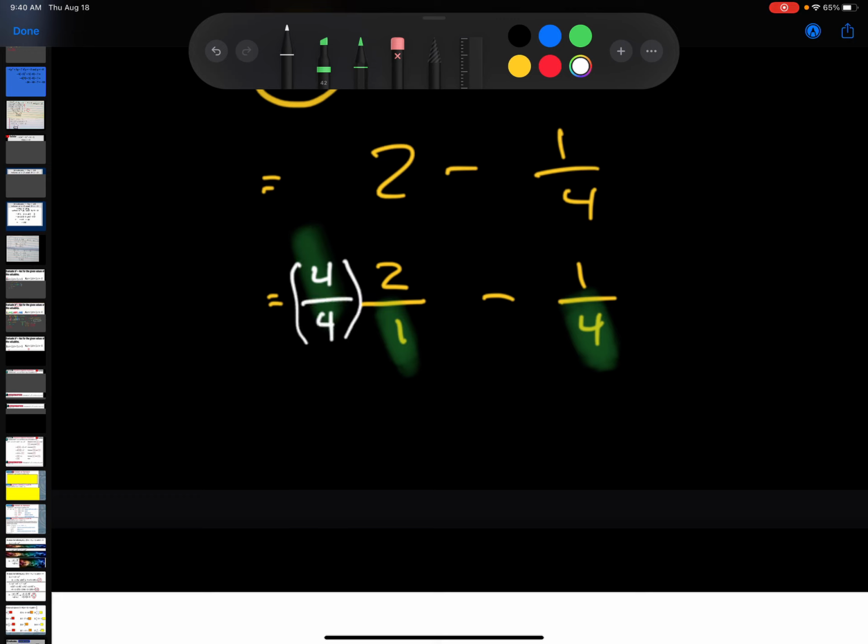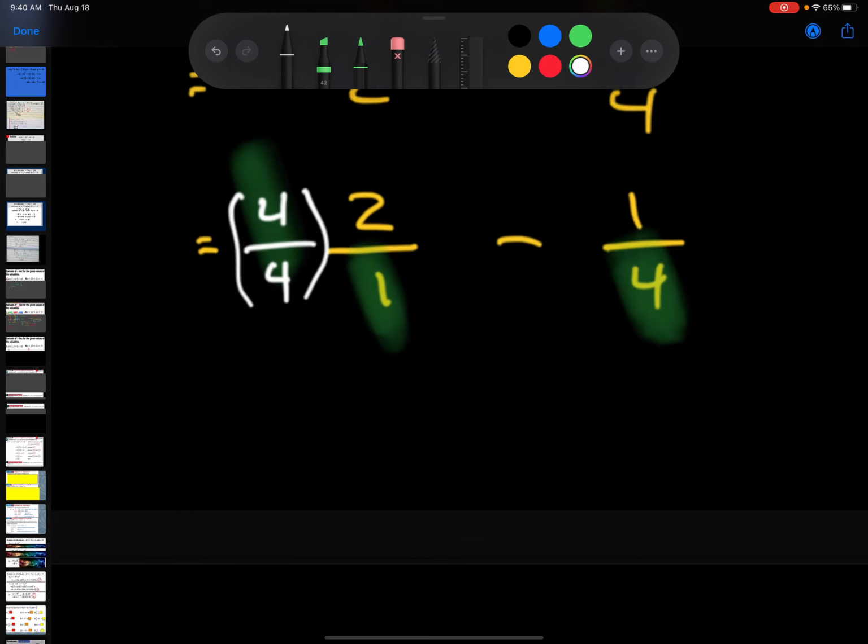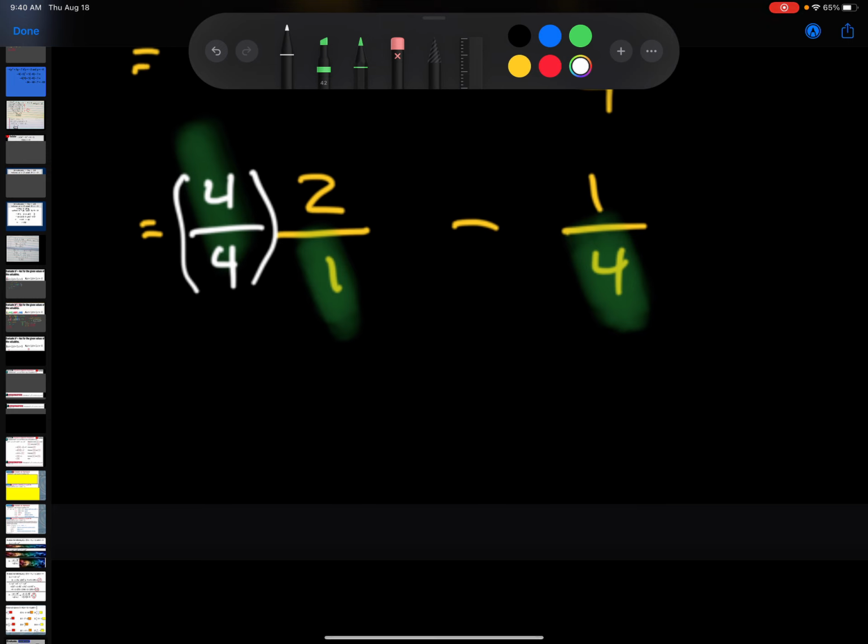Now, how can I do this mathematically? Can I just go to the bank and say, hey, multiply my bank account by times 4? No. But I can go to the bank and say, hey, multiply my bank account times 1. Does it change? It doesn't. Let's see what happens. Class, multiply across. 4 times 2. 4 times 1.